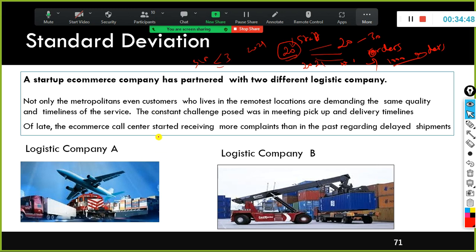Hence you started a tie-up with two logistics companies. This is Blue Dot, and you have another courier company called Desk to Desk. You decided to tie up with these two courier companies because they have more manpower than us.